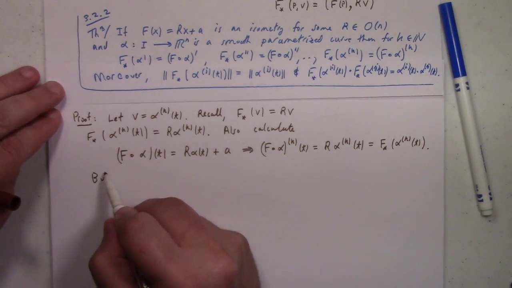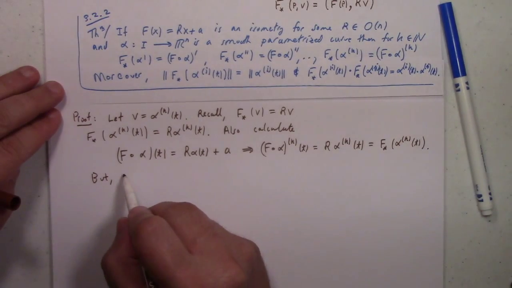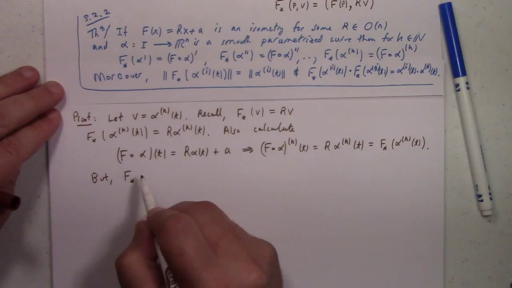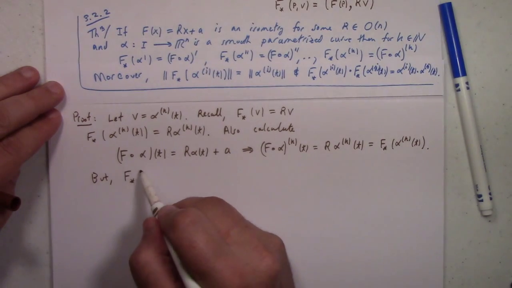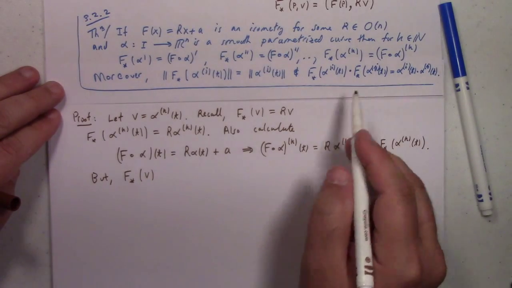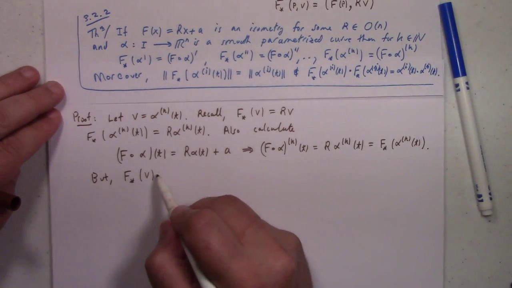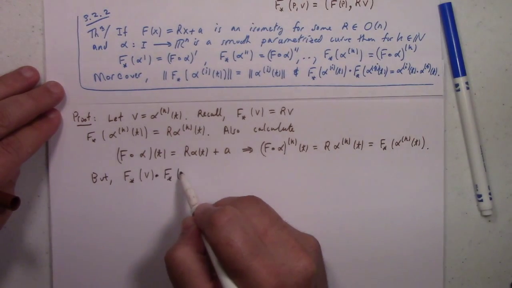But we'll prove the dot product thing. If we have f star, and let me just replace alpha i of t with v and alpha j of t with w, and dot that.